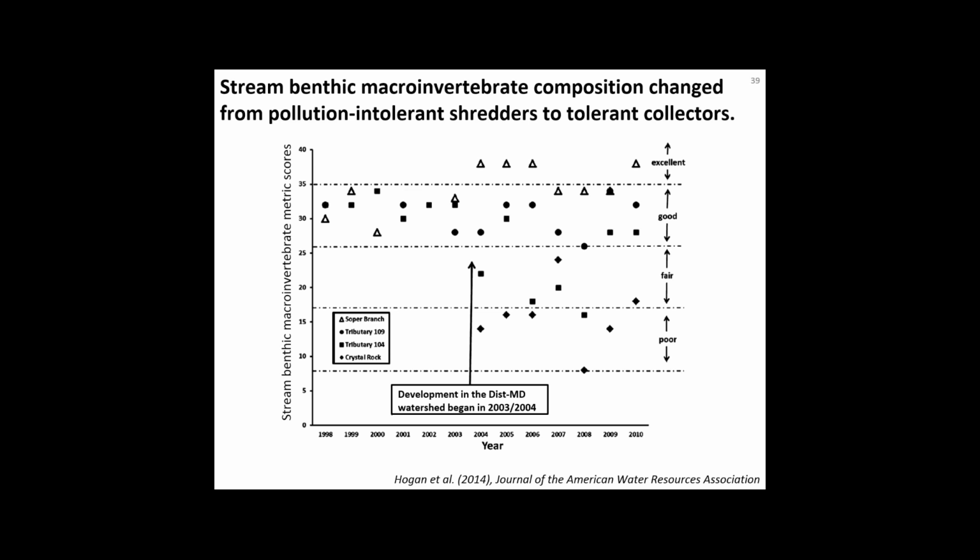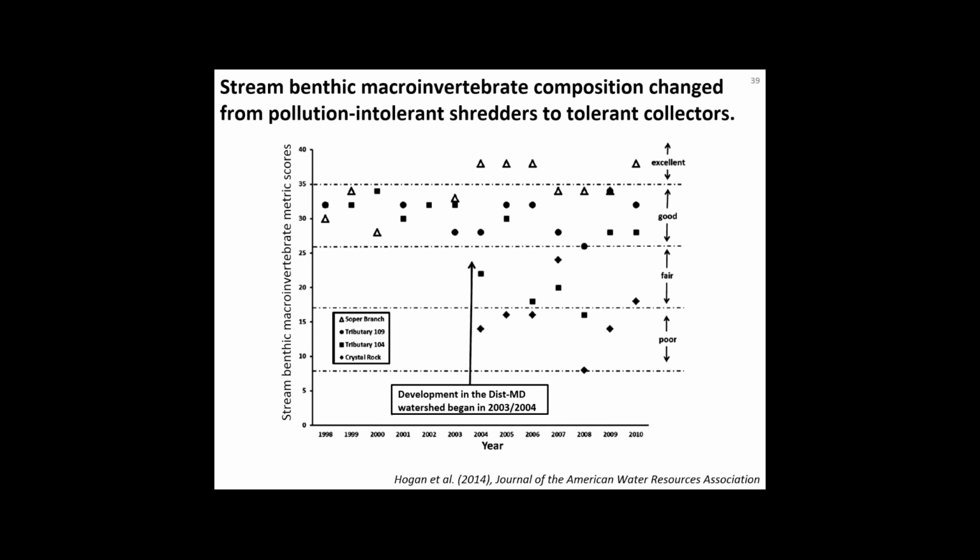And the squares are the distributed stormwater management watershed, which in general had relatively good stream IBI scores up until about 2005, and then it's declined since then. That corresponds with the time period of when development occurred in this watershed.